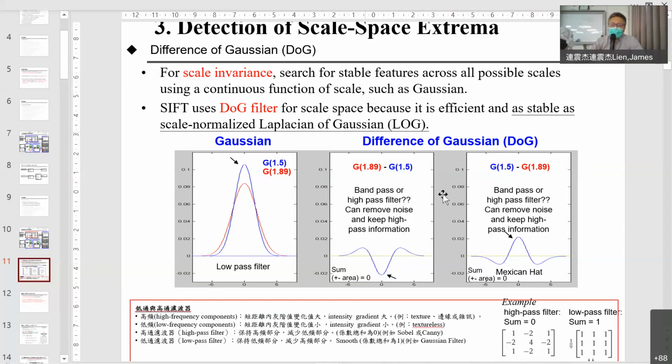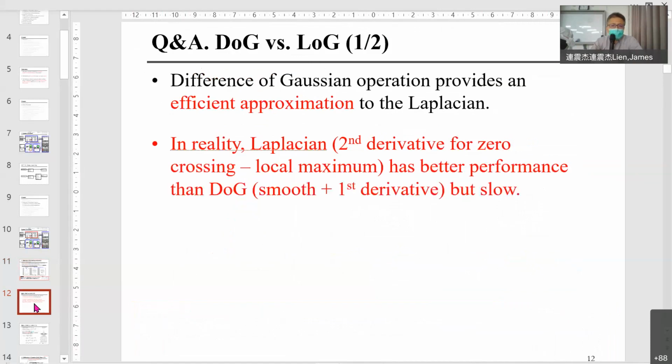So DOG is two kinds of filter. One is this one, the other is this one. Which one is better is the same. And here I just give you some information on what the high pass, low pass, and filter are.